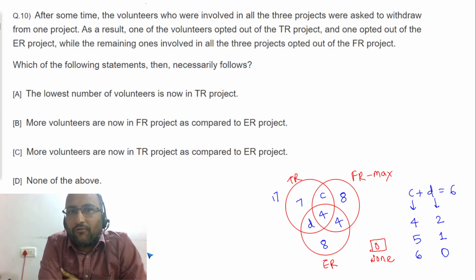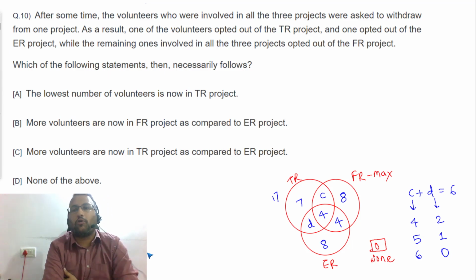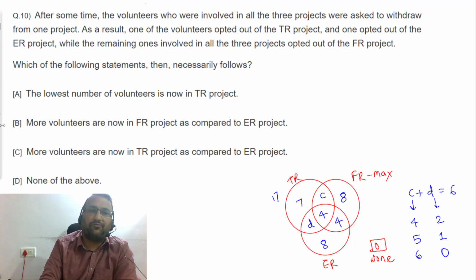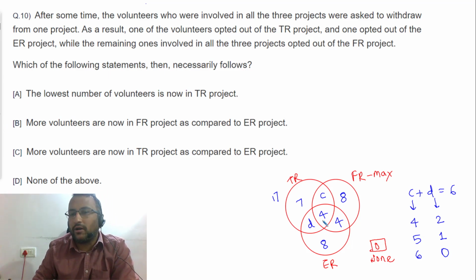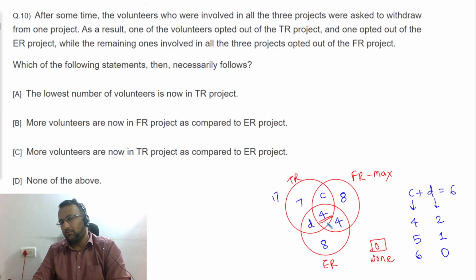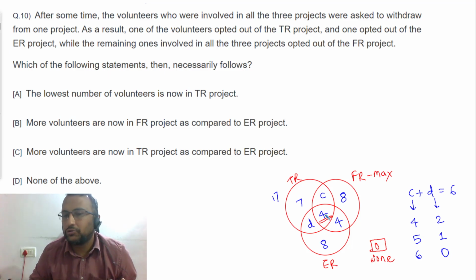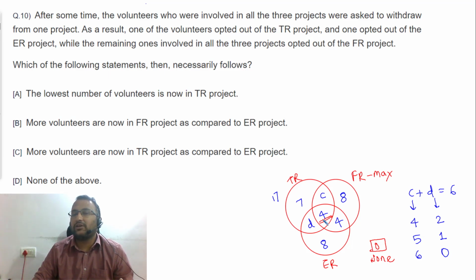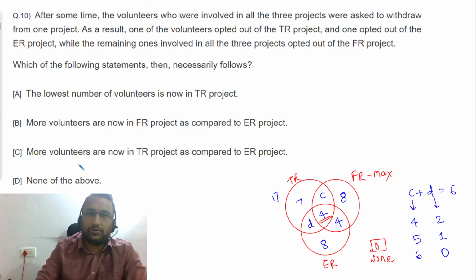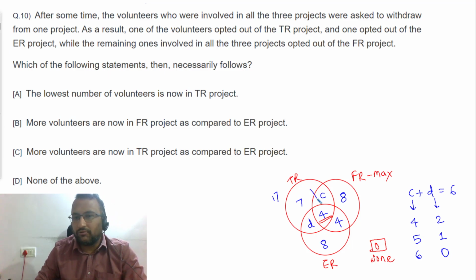As a result, one of the volunteers opted out of TR project. So hold on. Total there are 4 volunteers who are involved in all three projects. Now these 4 are asked to withdraw from one of the projects only. So now these 4 people will get shifted into the exactly 2 portions. These are the exactly 2 portions over here.